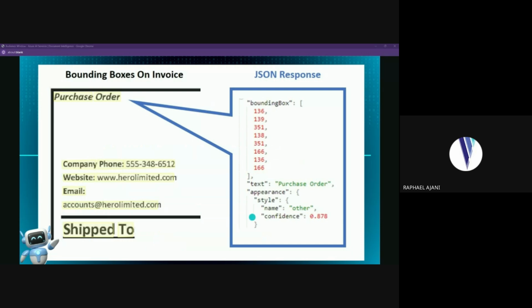So this is an example of what I was trying to refer to. You will see that the document had this information. This word purchase order is at the top left location of the document, right? The company phone number is here. Website is here.